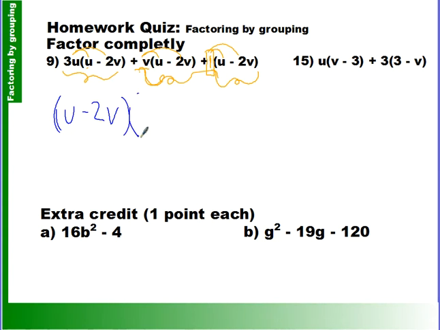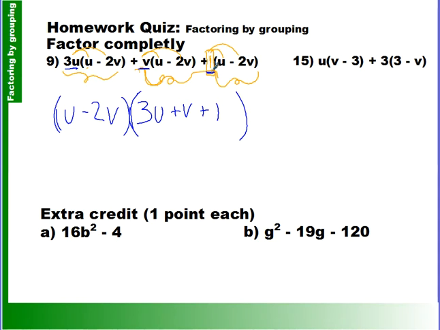But what are we multiplying U minus 2V by? Aiden? 3U plus V. Hold on, I can't write that fast. 3U plus V. The 3U is here, the V is here, and then plus 1. The 1 shows up here.